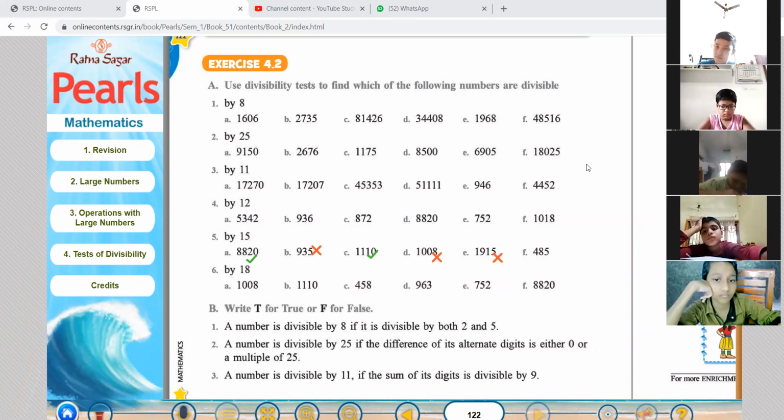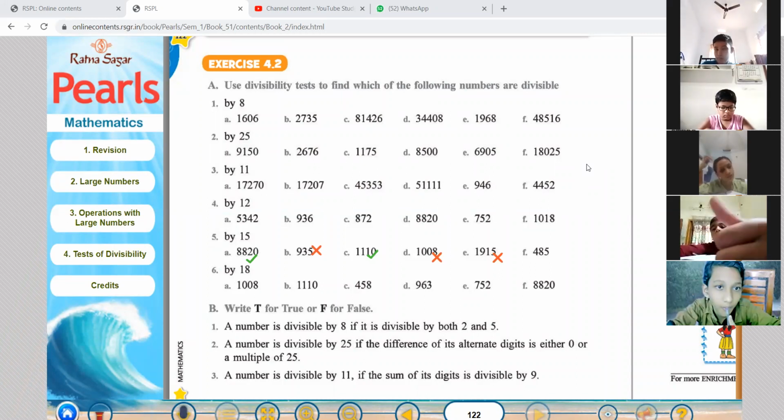And similarly, what about 485? It is divisible by 5 because the last digit is 5. And what about the divisibility by 3? 4 plus 8 plus 5 is 17.